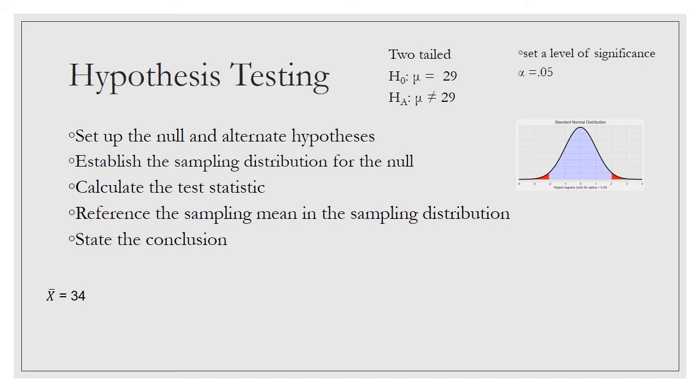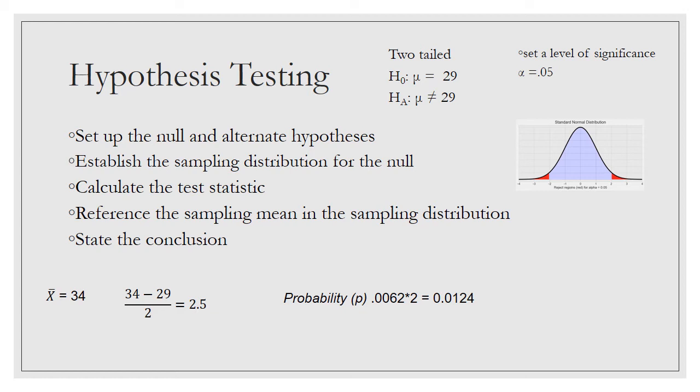Next, we calculate out the statistic. Our test statistic for our sample was 34. We compared 34 to 29. Difference was 5. We divided by our standard error of 2, and we got a value of 2.5. If we're looking at a two-tailed test, our scores were associated with a probability in each tail of 0.0062, so we multiplied by 2.